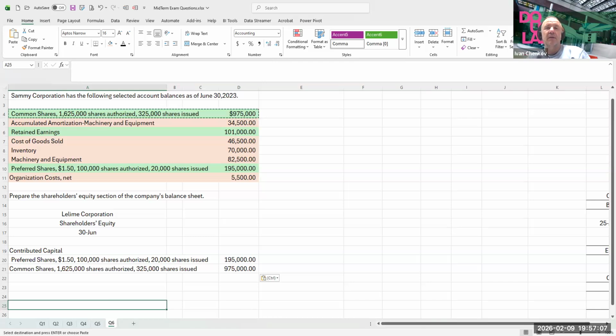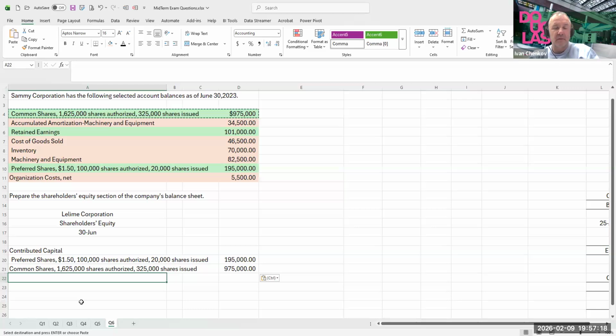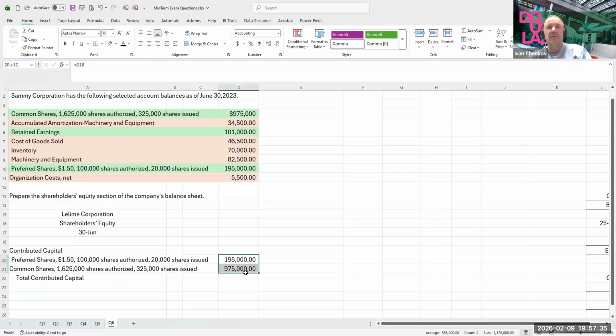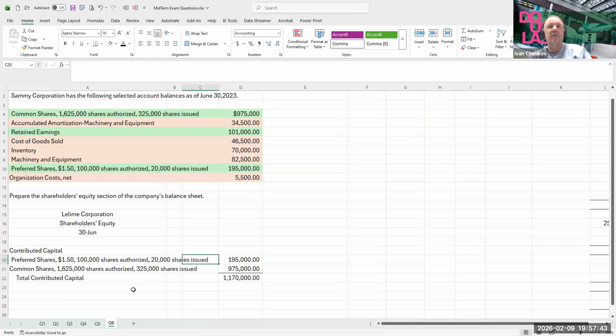If we want to write down the section to close that contributed capital, we're going to say total contributed capital, and that's going to be those two together. I can put a line here and make this wider. That's my contributed capital.